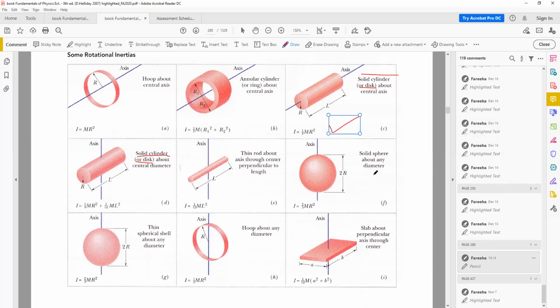So, yes. One is solid, another one is a hollow sphere. Very good. So this one is solid and this one is hollow. Can you give me an example from real life?